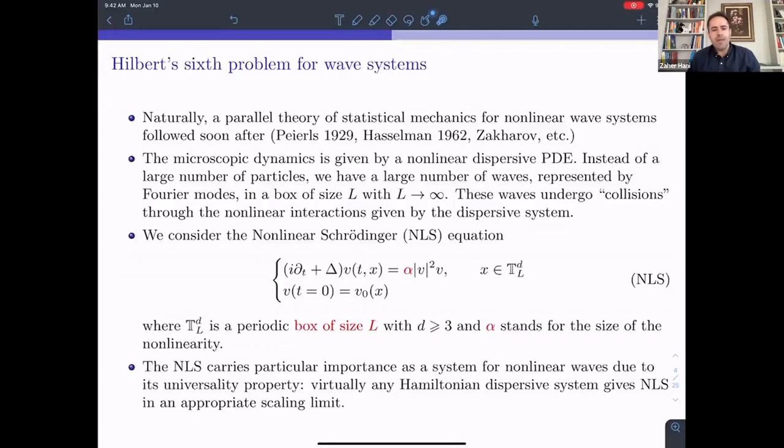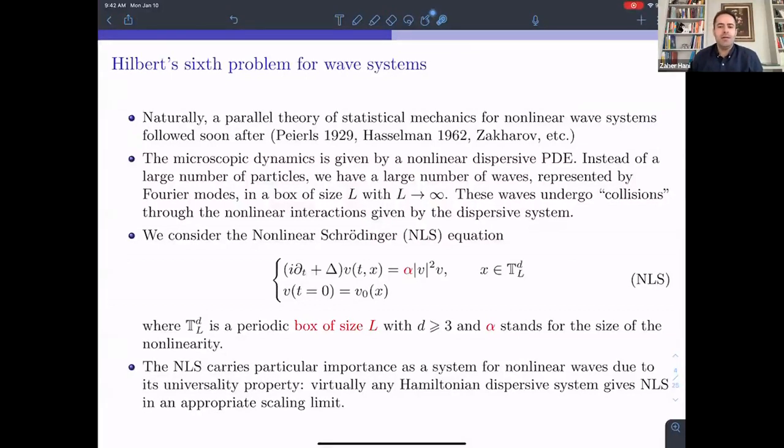The large number of particles is replaced by a large number of waves, and those waves are represented by the Fourier modes of the solution of this PDE. Those Fourier modes are in a box of size L, and this L will go to infinity, so that this divergence of L to infinity is the analog of the divergence of the number of particles going to infinity in the Boltzmann theory.